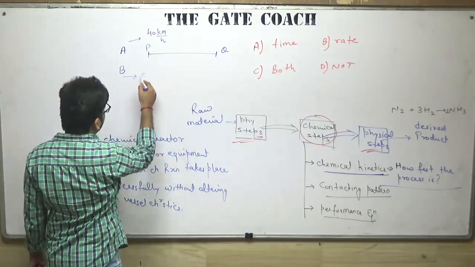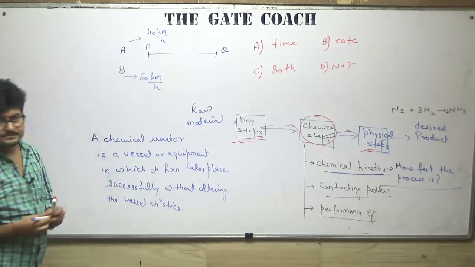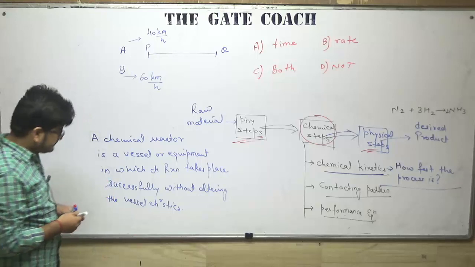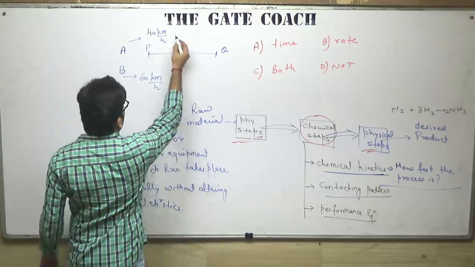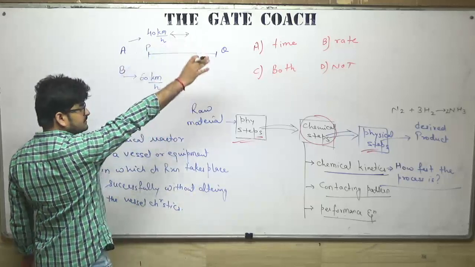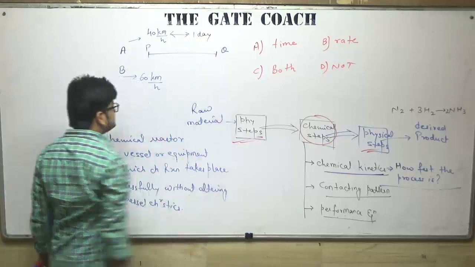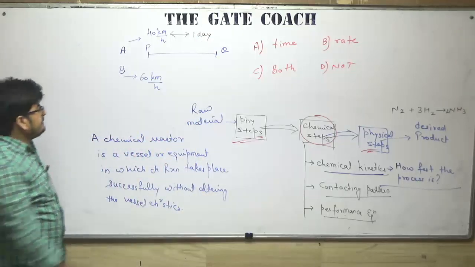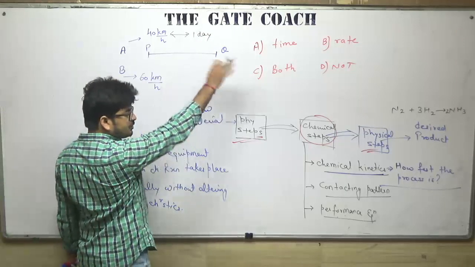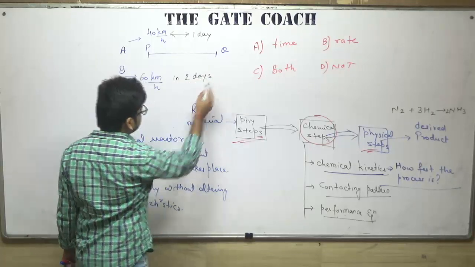B moves at a rate of 60 km per hour. A reaches Q in 1 day and B reaches Q in 2 days.